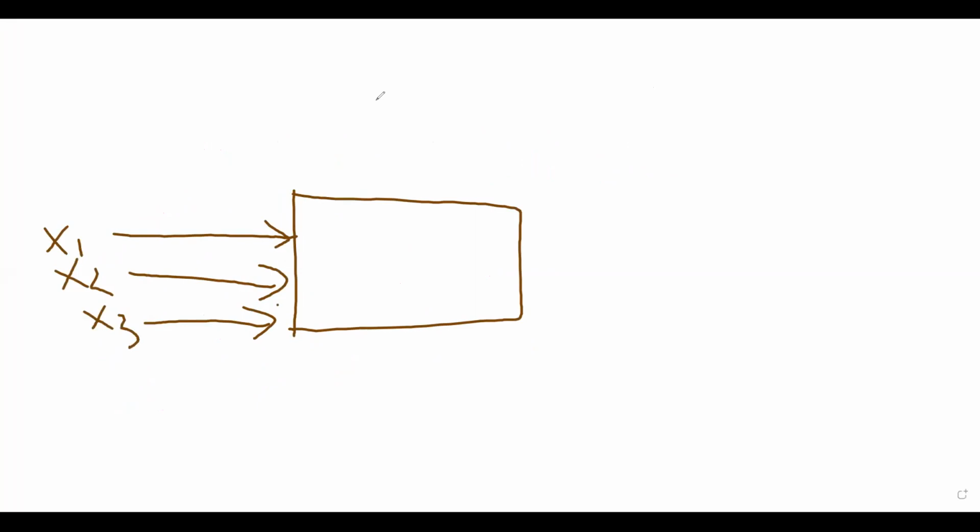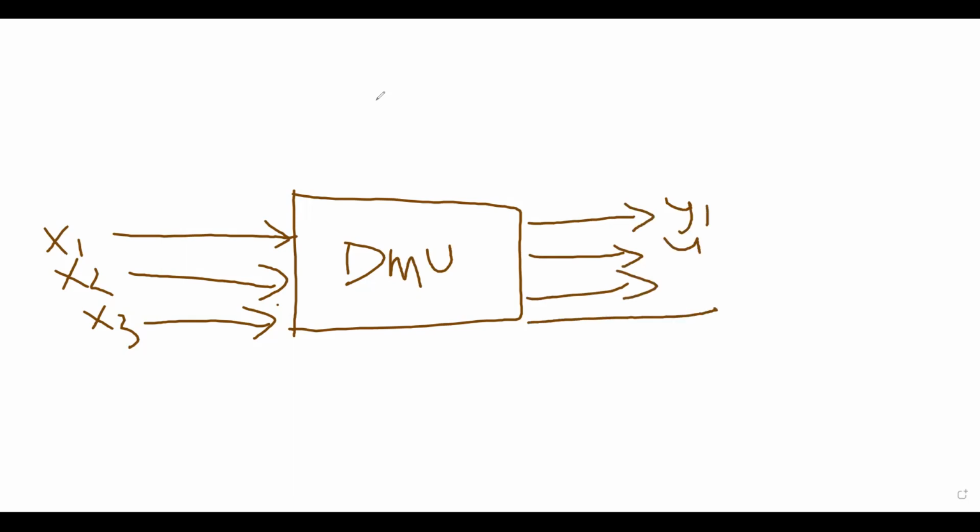There is that particular DMU inside the production space, and they will process those inputs, and eventually these inputs are converted into some outputs. Let me make it 4, so that it doesn't look like 3 inputs automatically generate 3 outputs.